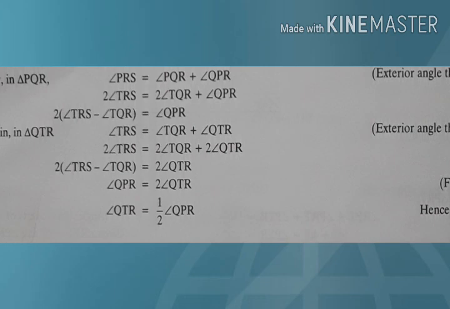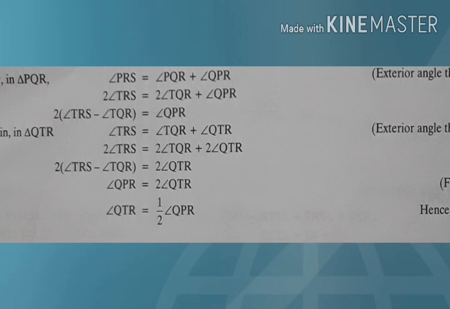Then we transpose that twice TQR to the left side and take the common factor 2 outside. Then we get 2 into (angle TRS minus angle TQR) equals angle QPR.